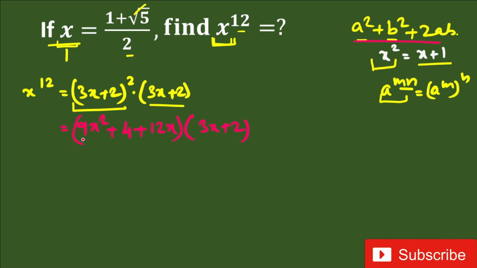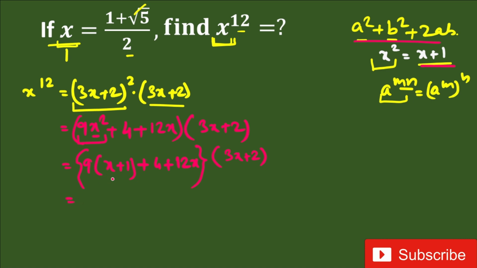Now we'll simplify it. Here again we'll put the value of x square, which is x plus 1. So it is 9 multiplied by (x plus 1), plus 4 and plus 12x, and it is multiplied by this value, 3x plus 2. Now we'll simplify it.